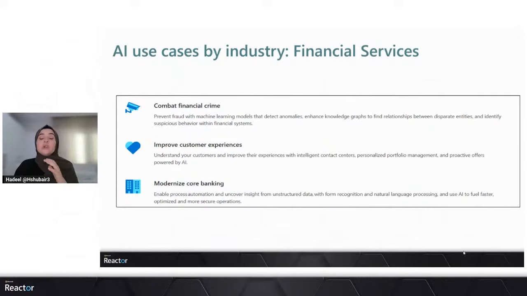Also, you can understand your customers at a better scale and help with their user experience by using AI. And one more is you can modernize core banking by using AI and natural language processing, and use AI to fuel faster, optimized, and more secure operations for your business.